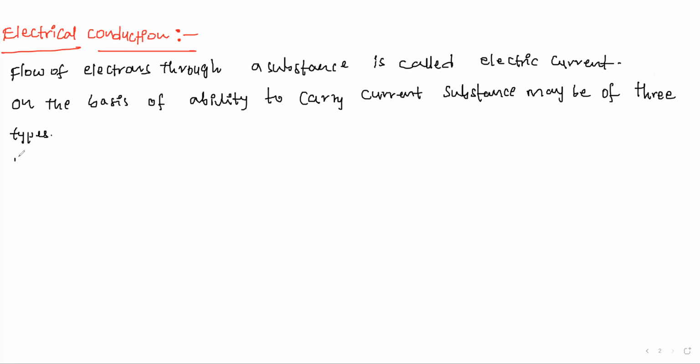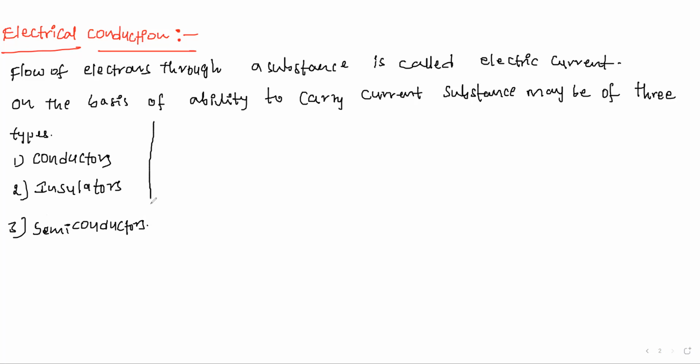The first one is conductors, the second one is insulators, and the third one is semiconductors. Now here we are going to discuss the first one, conductors.